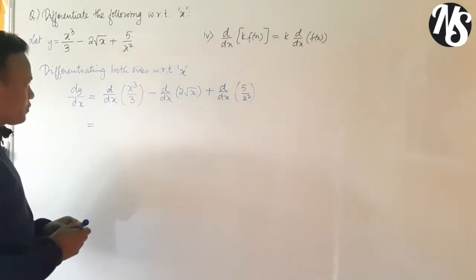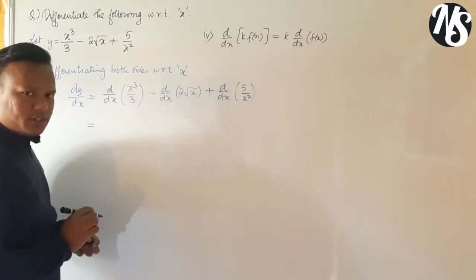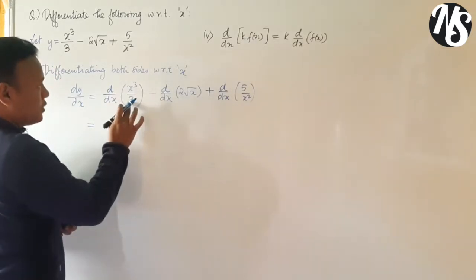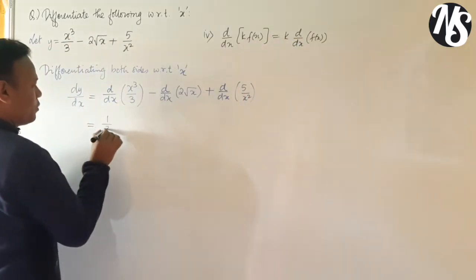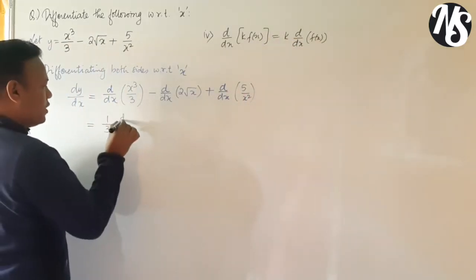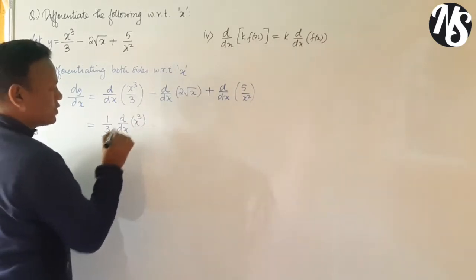See here carefully, this 1 by 3 is a constant, isn't it? So if that 1 by 3 is present, that constant can be kept outside. So let me write 1 by 3 outside. So this becomes d by dx of what's left, x cube is left.